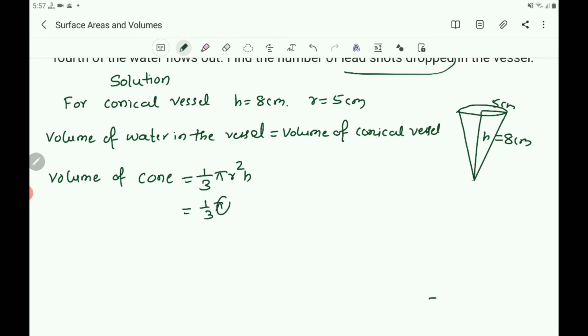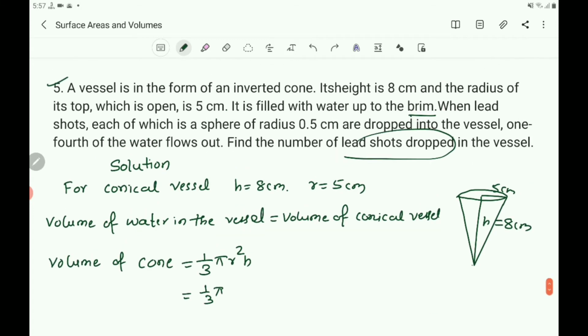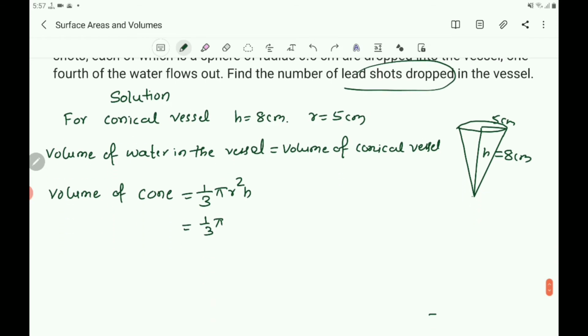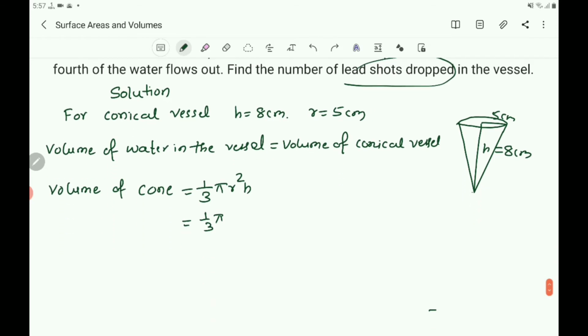You write pi as it is, because again here we have to find the volume of the sphere, that is also having pi. You can cancel that pi easily. Then it becomes 5 into 5 into 5 into 8 whole divided by 3.